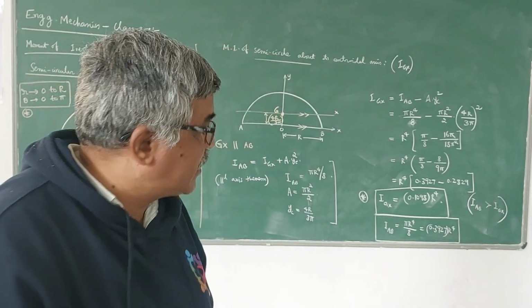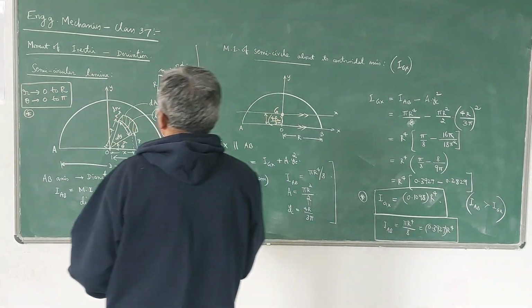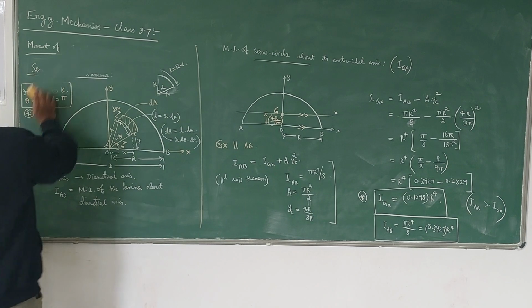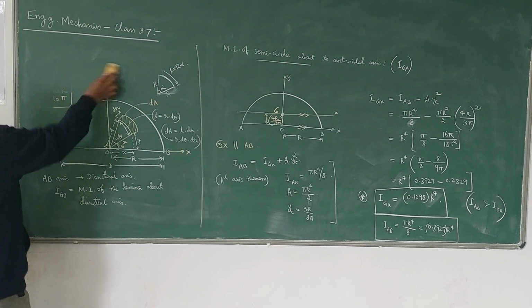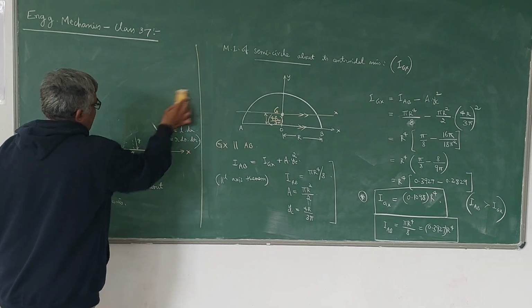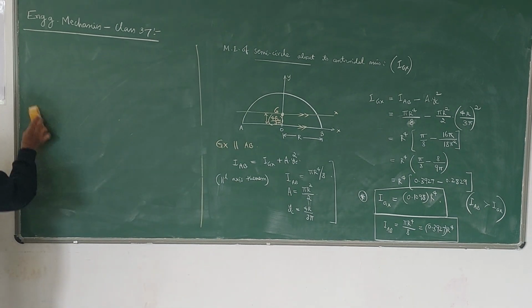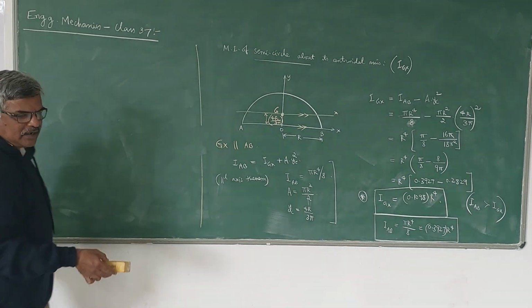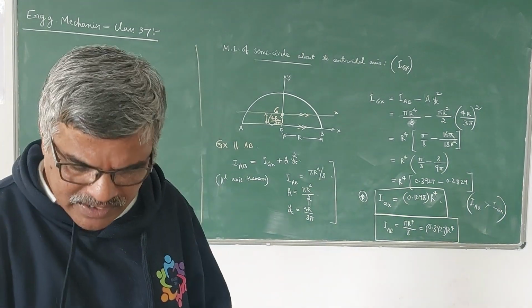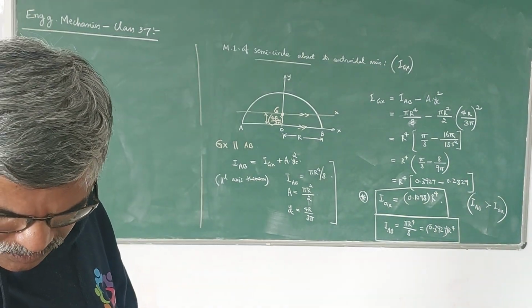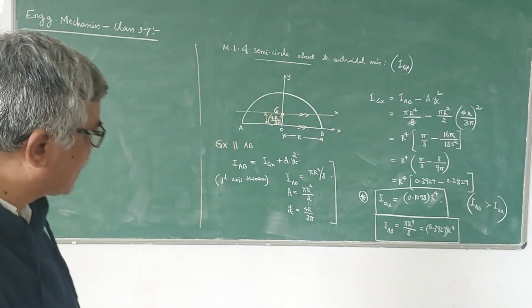Now, on similar lines, when I ask you to derive the expression for the moment of inertia of a circular lamina as well as a quarter circular lamina, if it is a circular lamina, then instead of taking a semicircle, you have to draw the diagram of a circle.